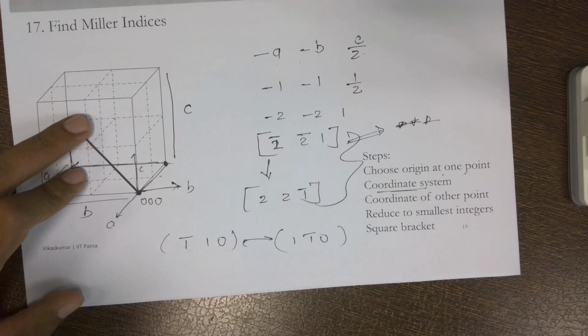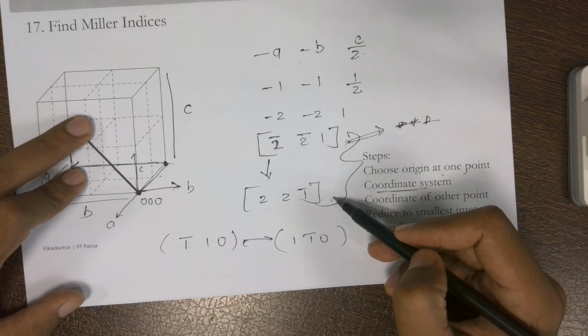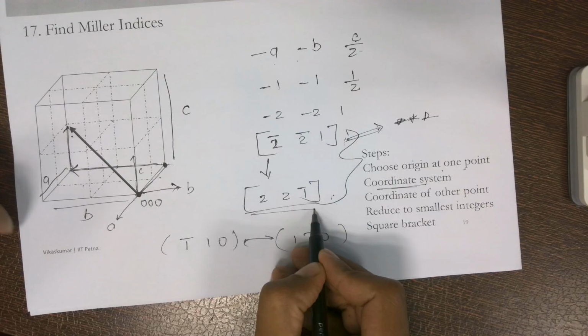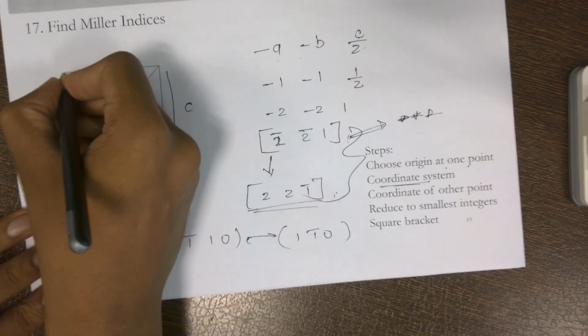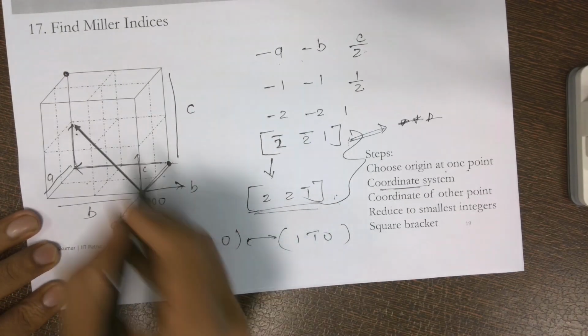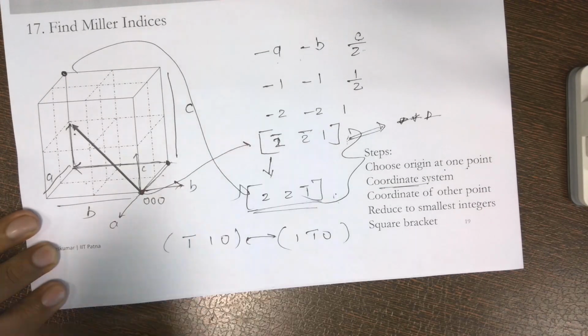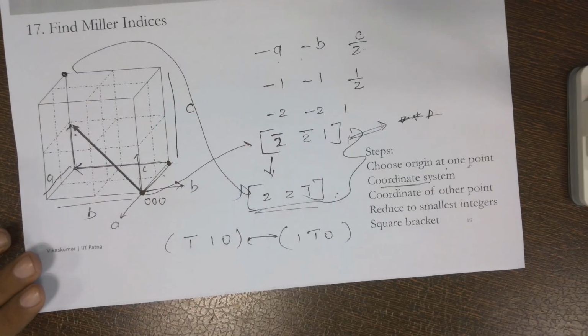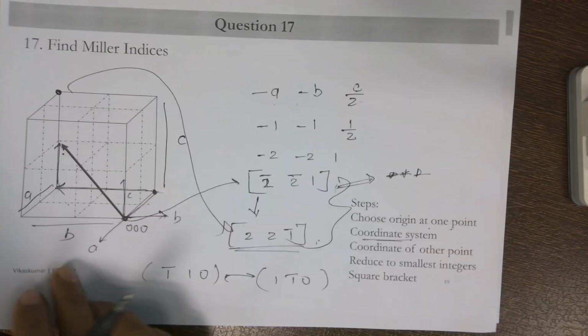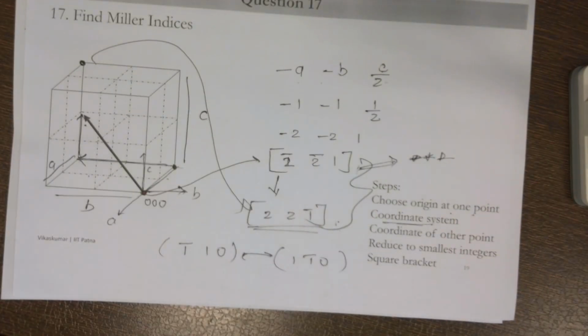In a similar way, these are exactly the same. So if you are getting, let's say, this, instead of choosing this as the origin, you choose this particular point as the origin, then you will get this answer. I chose this origin, I got this answer. But both the answers are exactly correct. Okay. So with that, we have solved this question number 17. Let me know if there is any doubt. If not, let's go to the final question.